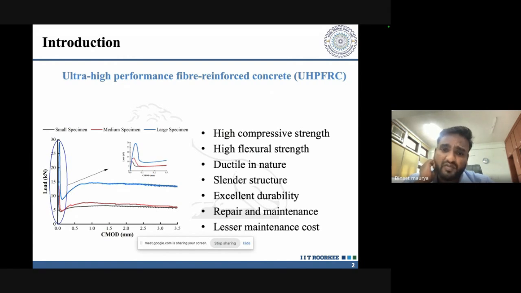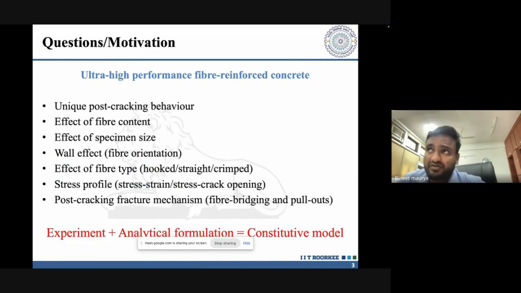So these are the positive points for UHPFRC, but still there are many questions which we are looking for answers to. Even people are doing research to find out those answers, to see if we can produce a good constitutive model. Considering all the factors, like the post-peak behavior, because it has a very ductile nature: what would be the effect of fiber content and how can we manage it? What would be the effect of specimen size? And if we talk about the fiber, then the wall effect will also come because of fiber orientation and fiber type.